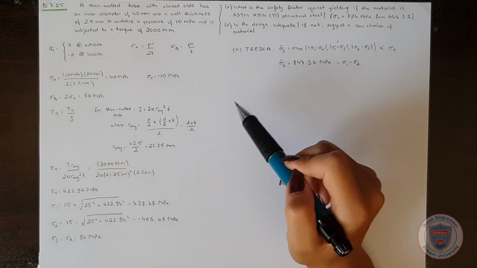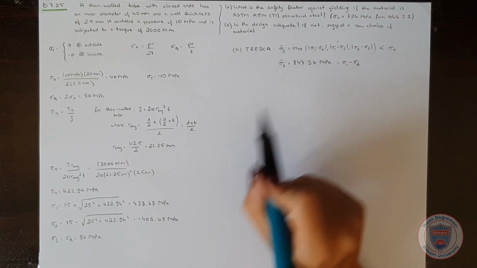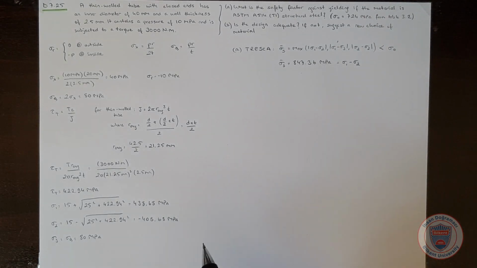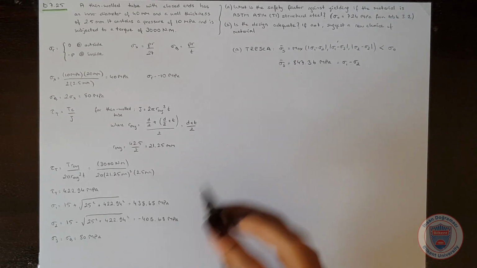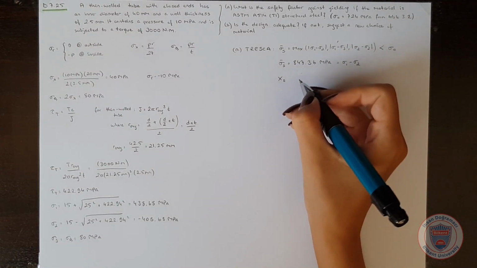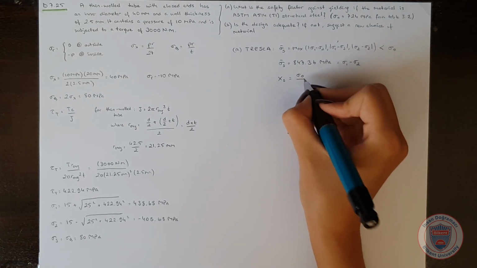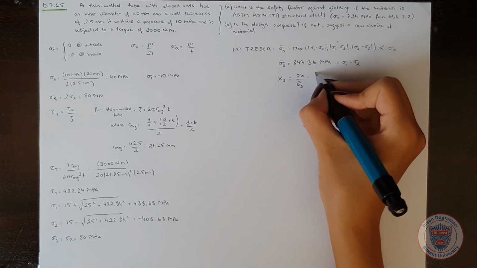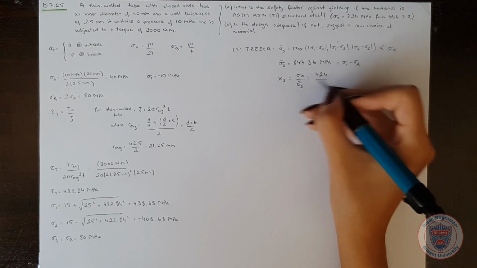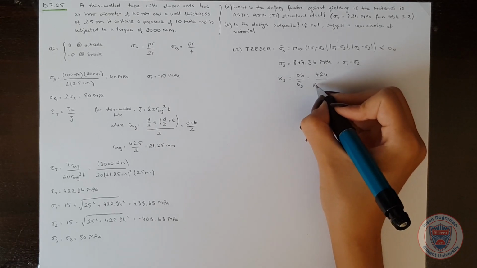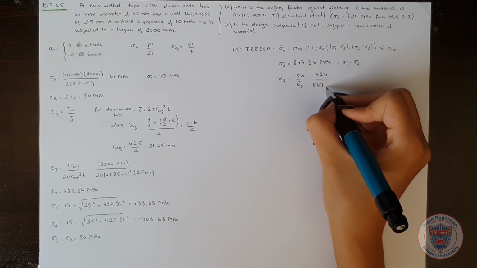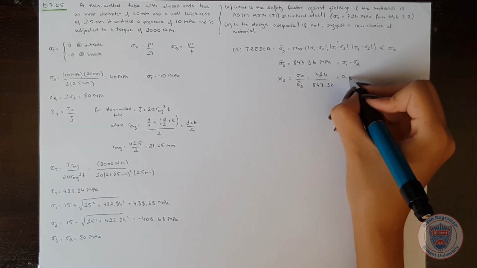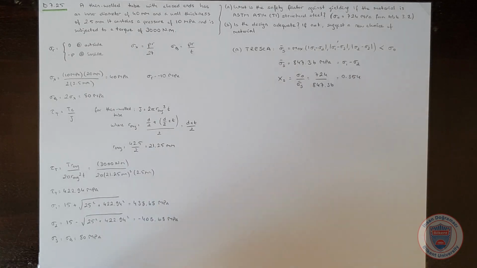And we know that ASTM A514 T1 structural steel has a yield strength of 724 MPa from table 3.2. So we can say that the safety factor will be the yielding strength over sigma s, which will be 724 over 847.36, and it is 0.854.